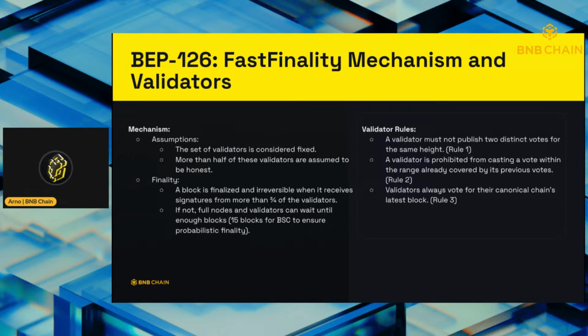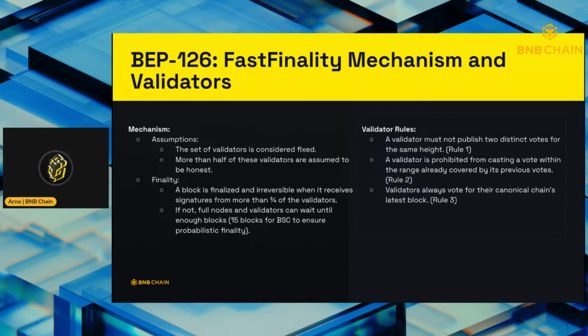So a few rules as well for validators, in order to ensure that they are behaving accordingly to the network. One of those rules is that a validator must not publish, for example, 2 distinct votes for the same height, which means that the validator can only vote once for one specific block, which is important.